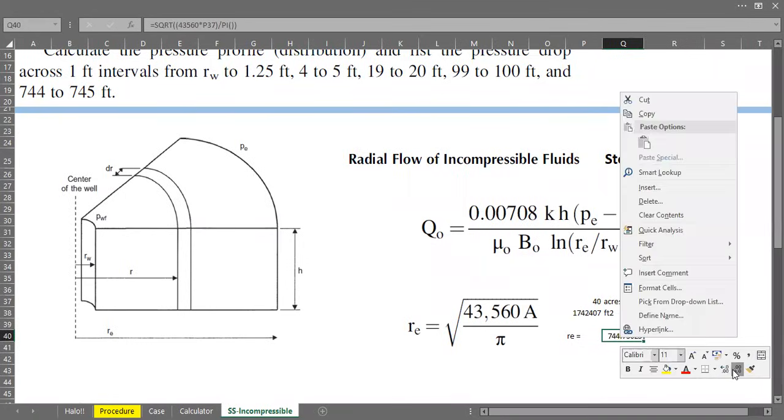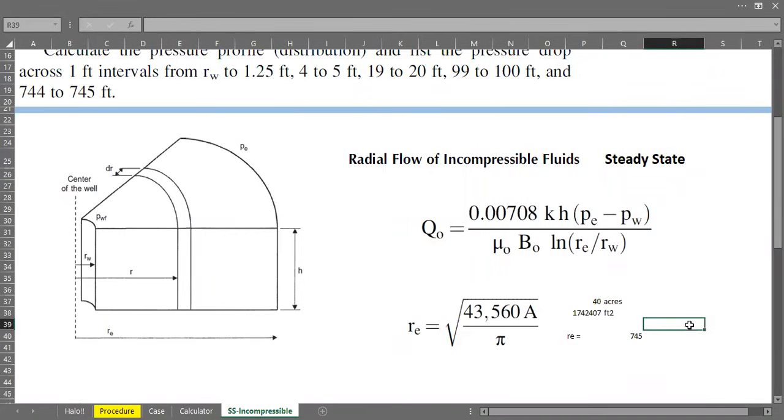So I made a mistake previously. So A here is already in acres, and 43,560 is actually the unit conversion. Okay, so if we apply this equation, the drainage radius re is actually already in feet.